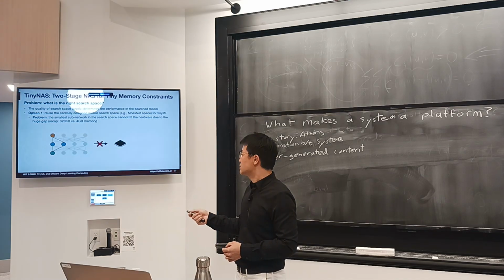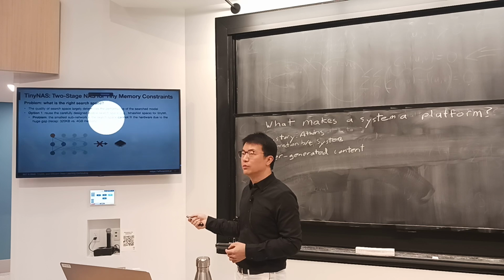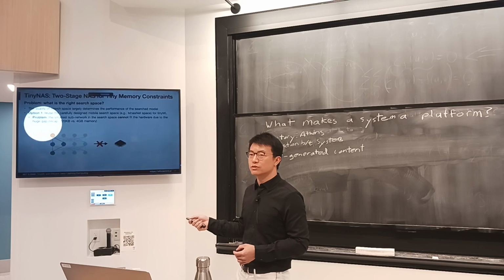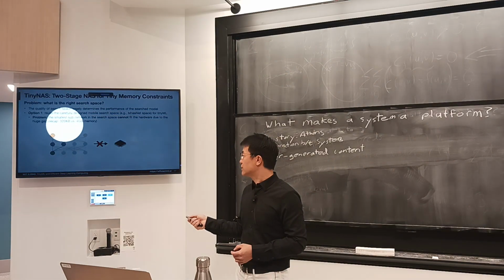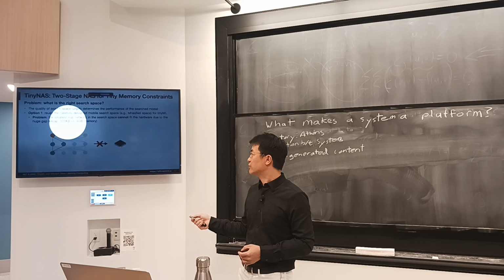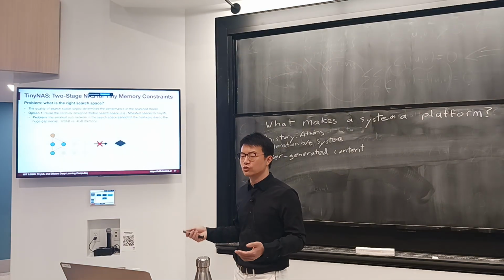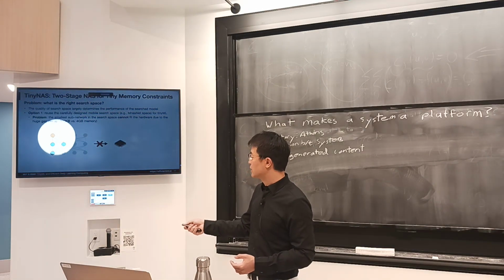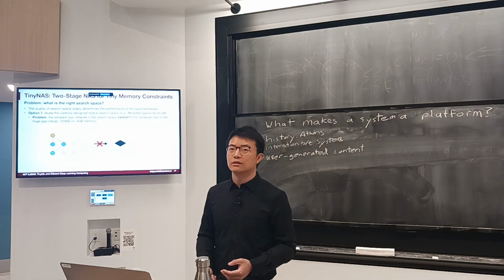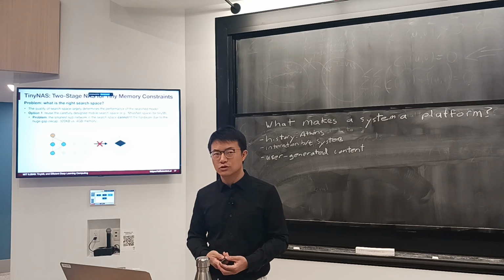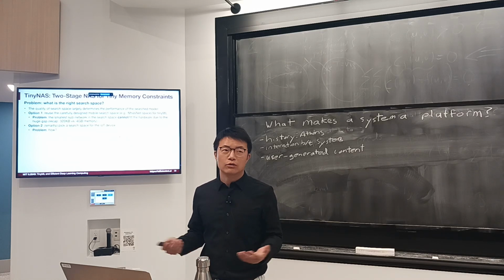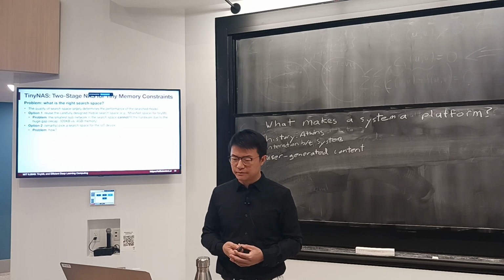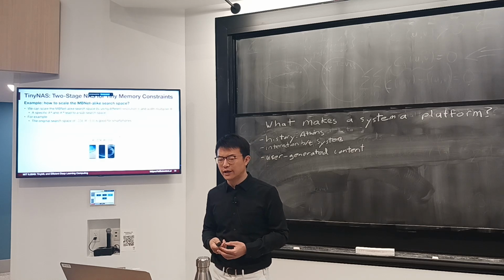So even the smallest subnetwork in the mobile search space still cannot fit the hardware due to the huge gap. A mobile device has 4 gigabytes of memory versus a microcontroller with 320 kilobytes of memory. So what can we do? We can only design a new search space targeting IoT devices. And how do we do that?